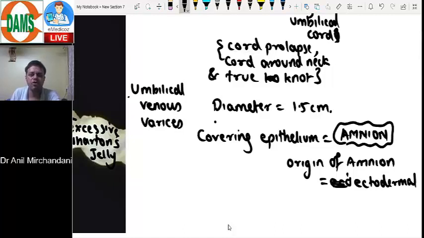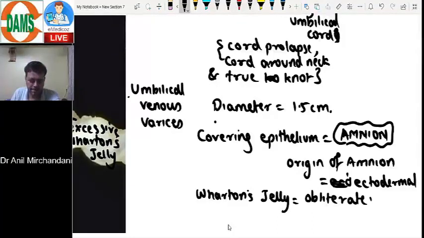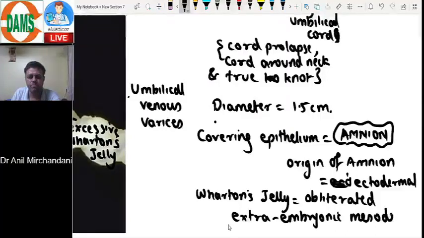Below the amnion there is Wharton's jelly, which, as I told you, is actually obliterated extra embryonic mesoderm. Wharton's jelly is below amnion.